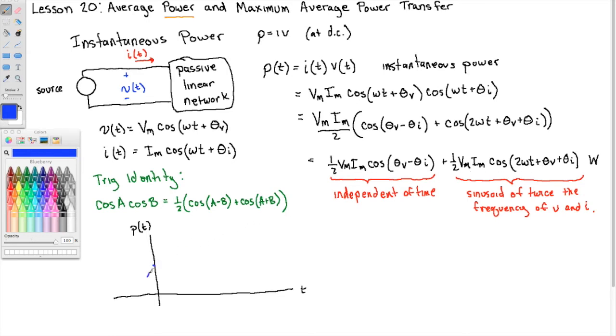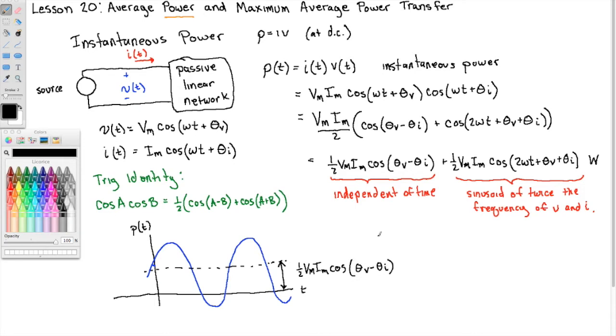So what we have is something like this. Where this value, the middle of that wave, right, is this, or what we'll say, the distance from there to there, that's 1/2 Vm Im cosine of theta v minus theta I. So that's that constant term.